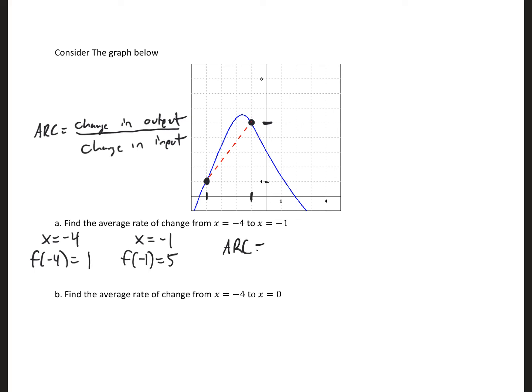So here, the average rate of change between those 2 points would be 5 minus 1 over negative 1 minus negative 4. 5 minus 1 is 4. Negative 1 minus negative 4 is 3. 4 over 3. Since 4 is not divisible by 3, we can't simplify the fraction. 4 over 3 is simplified, so that would be the average rate of change here.